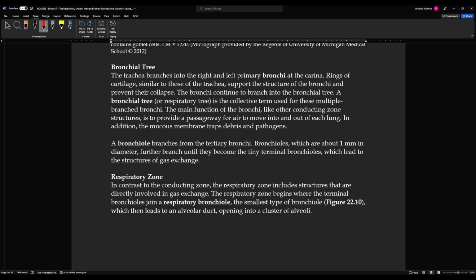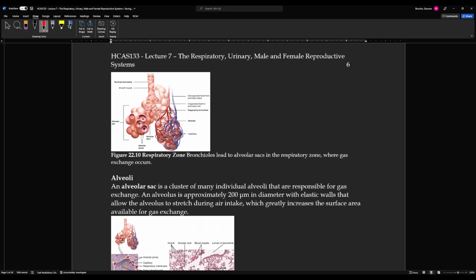Respiratory bronchioles are the first place that respiration actually can occur, because there's going to be a structure called alveoli with them. This can begin as early as, as I said earlier, the 16th to 17th division of the bronchial tree. As we keep moving along, our respiratory bronchioles really turn into alveolar sacs at the end.